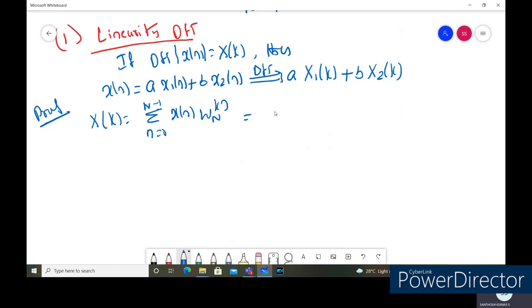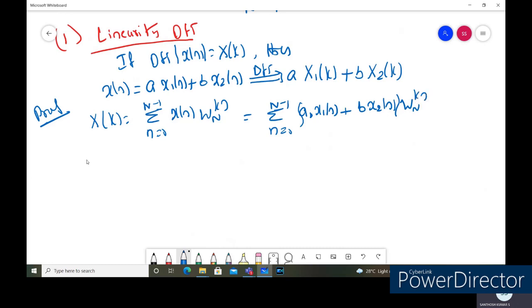In place of x of n, I'm going to substitute a into x1 of n plus b into x2 of n, into omega to the power of k n.